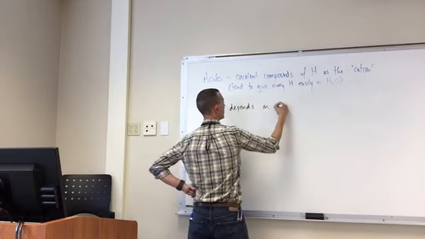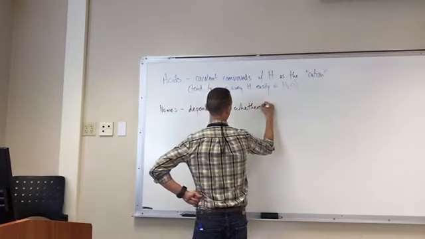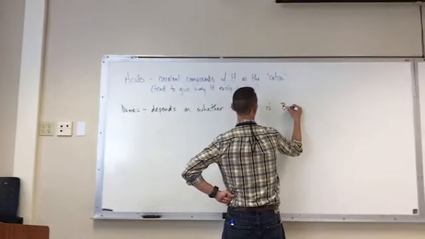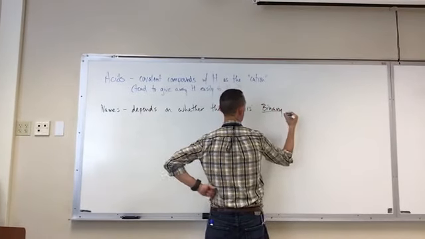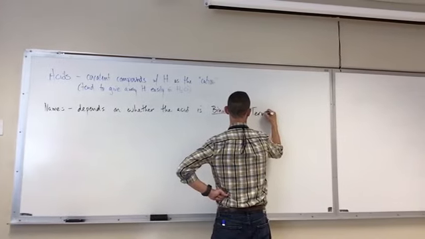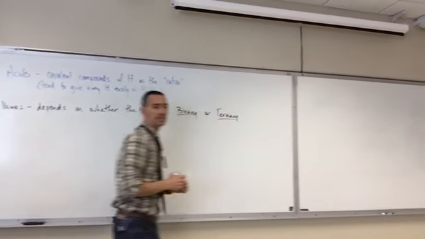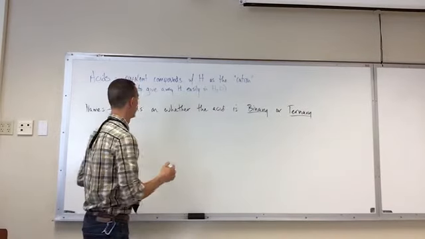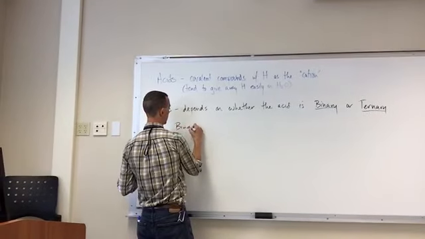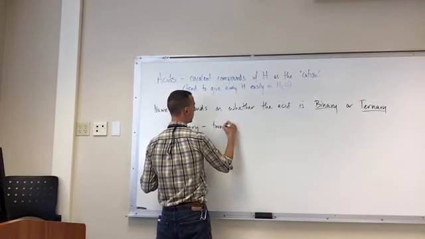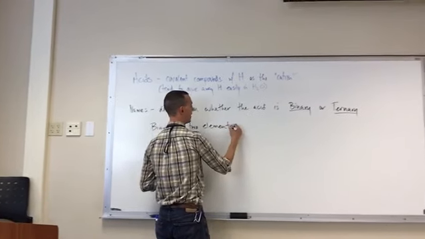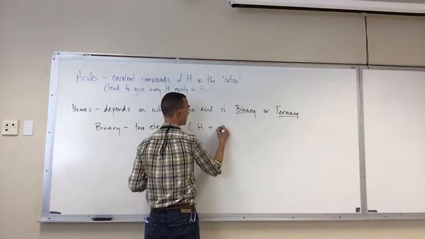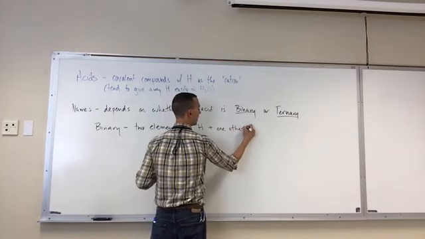All right? First, we have to decide which type of acid you are. It depends on whether the acid is what we call binary, heard that term earlier in the video class, or ternary. And it means the exact same thing in this context. Binary means that there are only two elements. Now, if one of them is hydrogen, to be an acid, it's hydrogen and one other element.